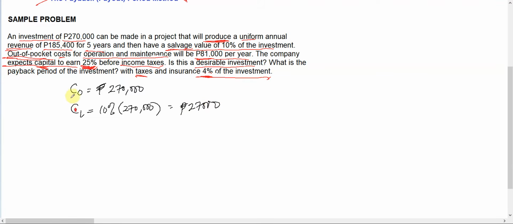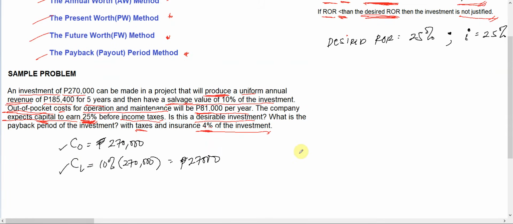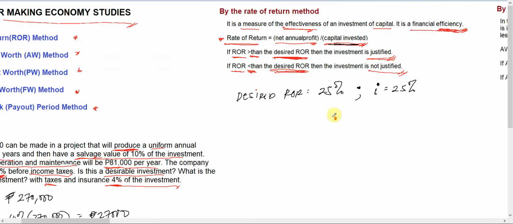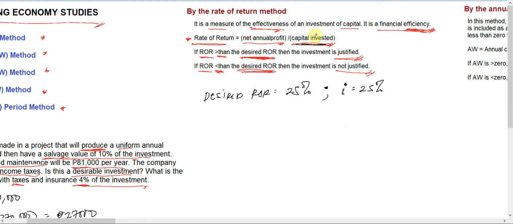So again, kung narinig niyo na yung original cost or the first cost and the salvage value, ibig sabihin meron diyang depreciation. Meron tayong isosolve na depreciation. Actually, combination na to ng mga topic from the beginning of the engineering economy until now. Ayan, combination siya lahat. So, yung capital invested, wala tayong problema, may given tayo dyan.